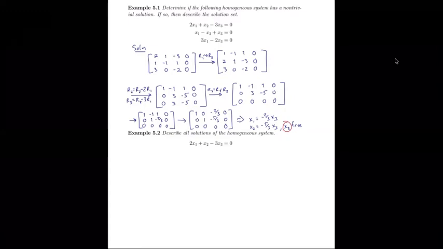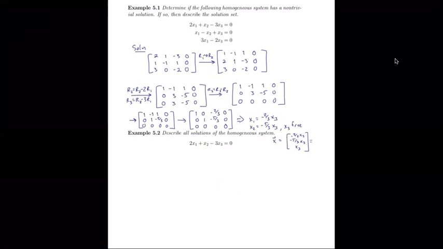So let's write down the vector form of this. The vector solution x is, as a column vector, -2/3 x3, -5/3 x3, and simply x3. Everything involves x3 in the solution.